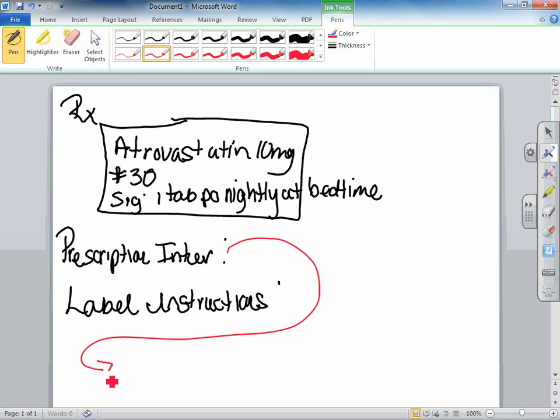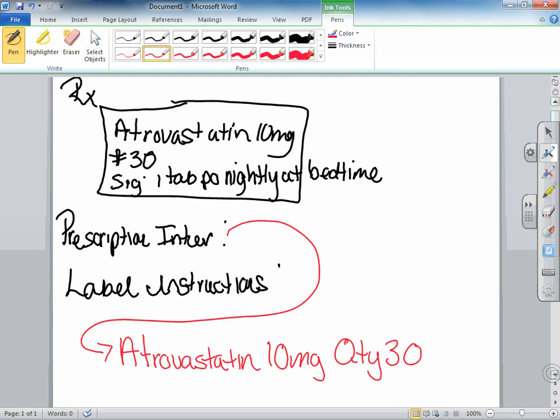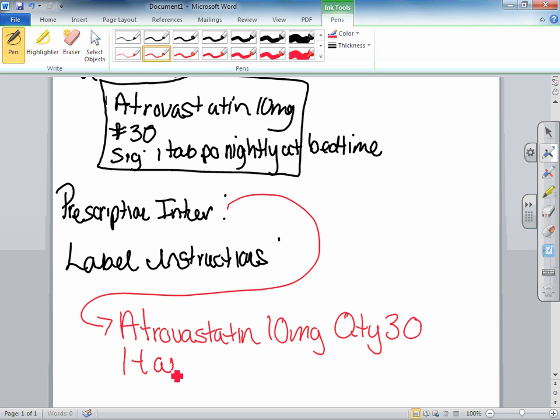I'm going to come down here at the bottom, and I'm going to say my interpretation of this prescription will read, and this is what you will write, all right, is Astrovastin, 10 milligrams, quantity 30, all right, and I would say 1 tablet by mouth, nightly at bedtime.